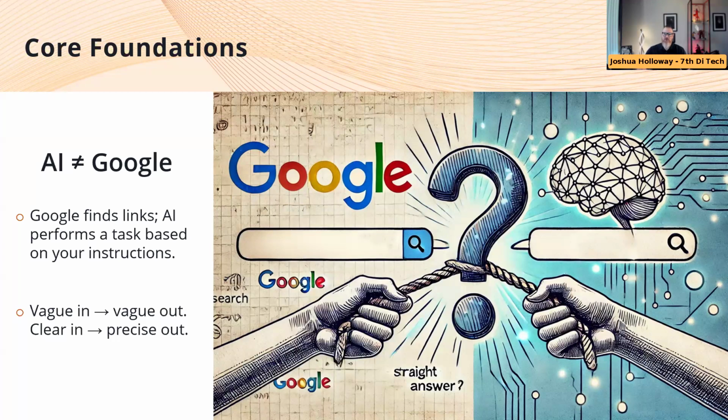We want it to return data like Google, but Google is a search engine that returns hyperlinks to websites. It finds the data. AI does deep research or gives you more information. So think of it as the tasks. Google just finds the links. AI will do tasks and do functionality for you.